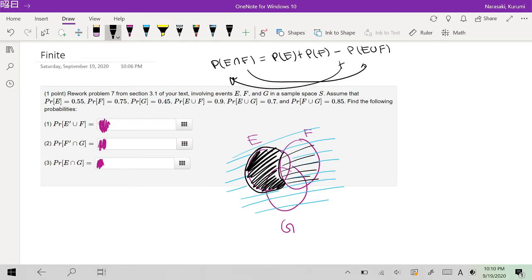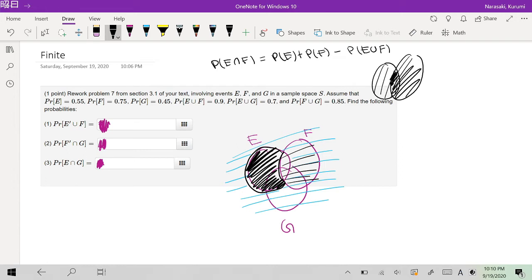But the idea basically is if this is E and this is F, you count the intersection twice, so you take that part out to find the union, or vice versa, the intersection.